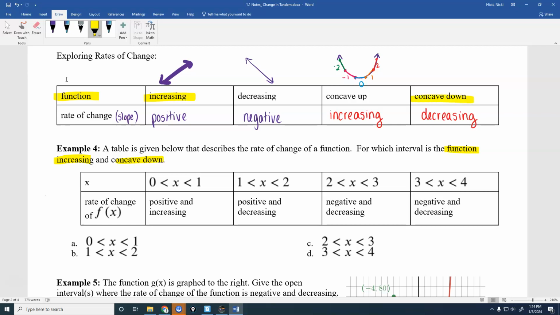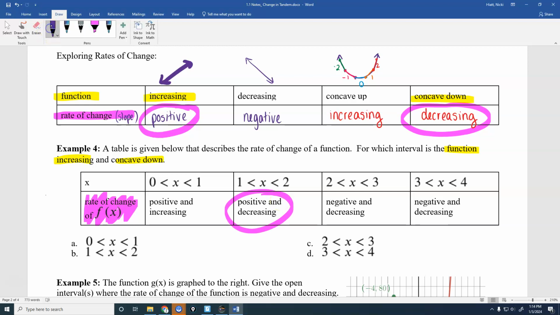But the chart doesn't talk about the function. What does it talk about? The slope or the rate of change, right? So if I'm increasing and concave down, that rate of change should be positive and decreasing, right? So positive and decreasing happens right here. So that means the answer to this question would be 1 to 2.